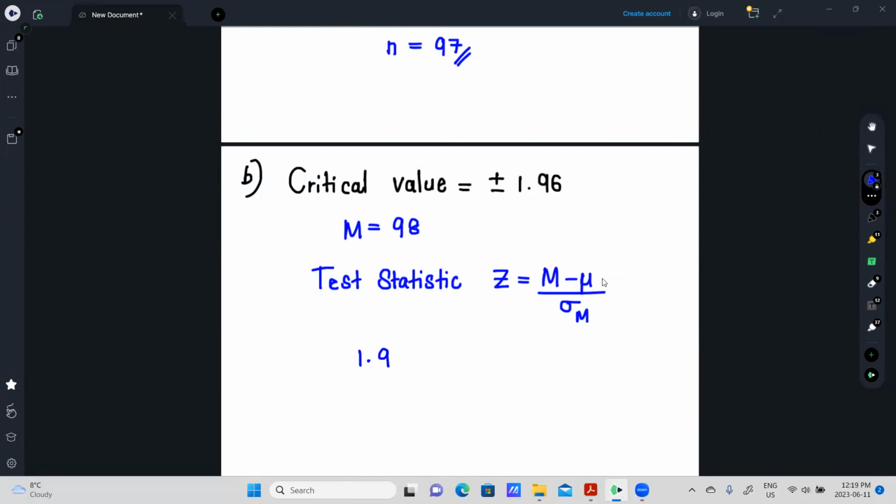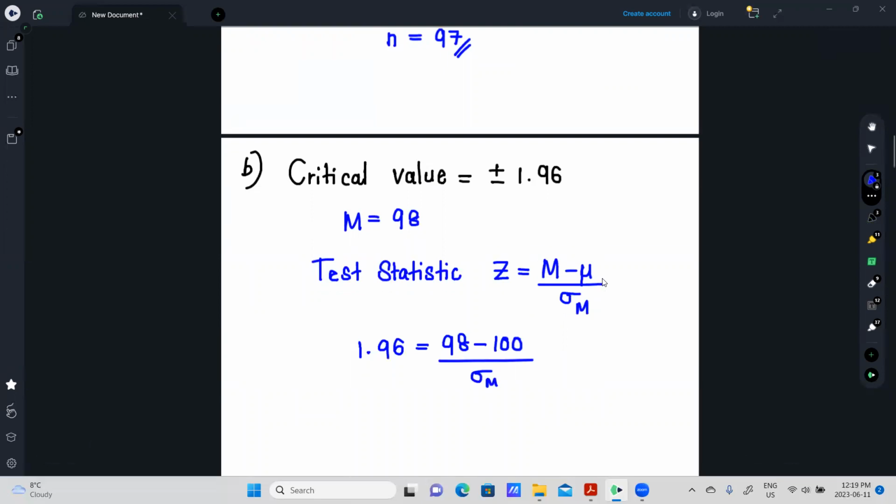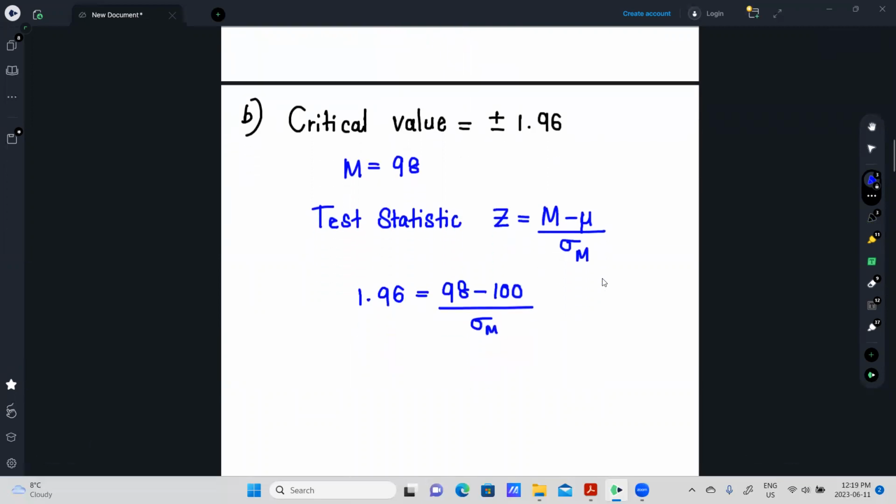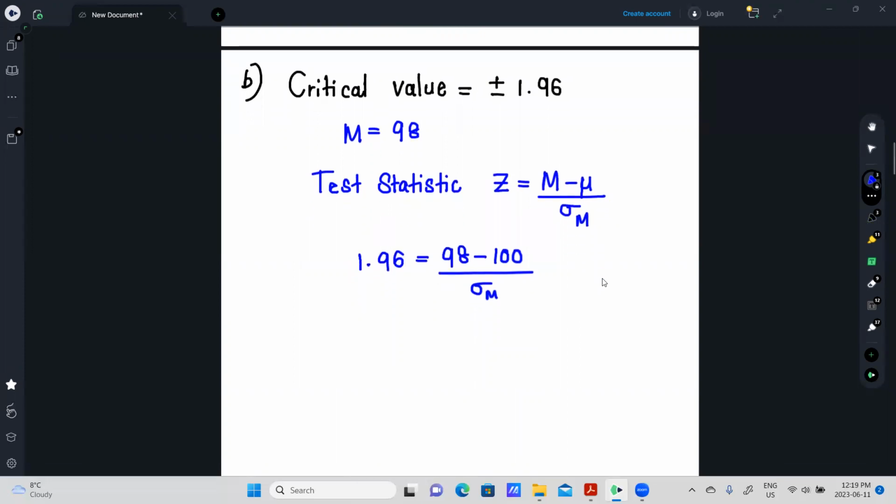So 1.96. You can use either positive or negative. M is equal to 98 minus mu is equal to 100, divided by sigma M. As this side is negative, I already made this side negative, or we can just go with this and I'll show it doesn't matter.